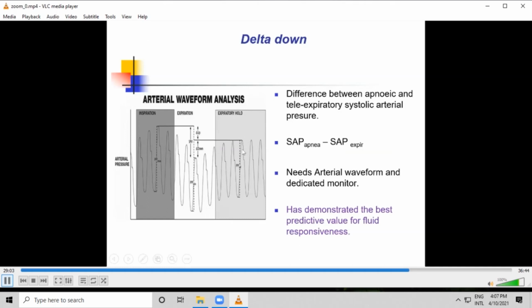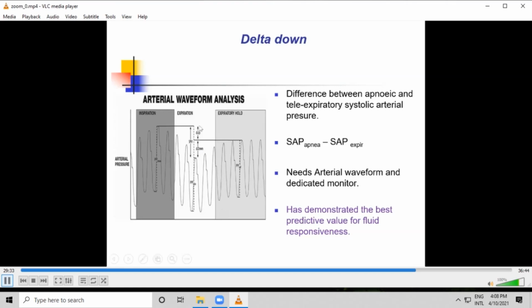So this is the apnea phase and we get the systolic arterial pressure apnea. The systolic arterial pressure apnea, this one, minus systolic arterial pressure expiration, this one, that makes the delta down. It needs an arterial waveform and dedicated monitor and has demonstrated the best predictive value for fluid responsiveness. Remember this for your MCQs.